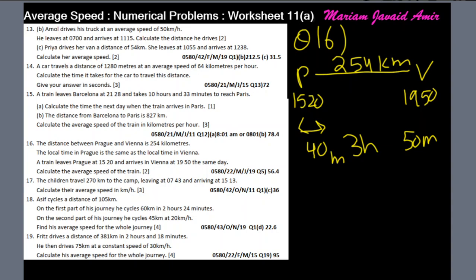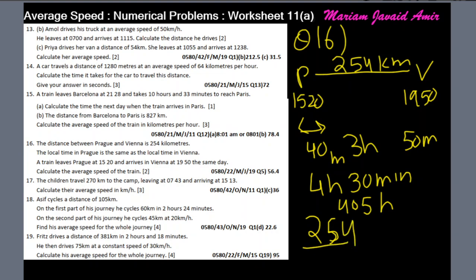So the total time is actually 4 hours 30 minutes, which means 4.5 hours. So the average speed formula is total distance over total time, 254 over 4.5, which gives us 56.44444. So rounded off answer is 56.4 kilometers per hour.